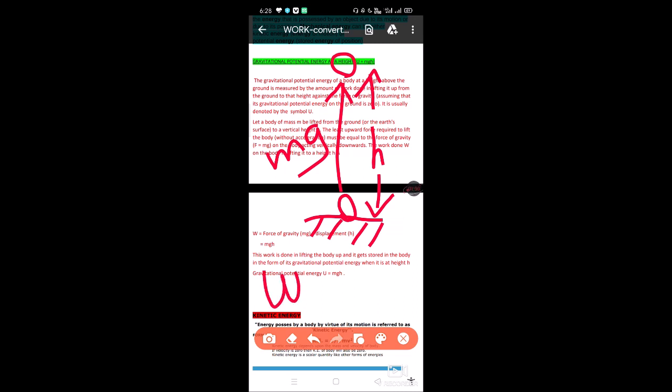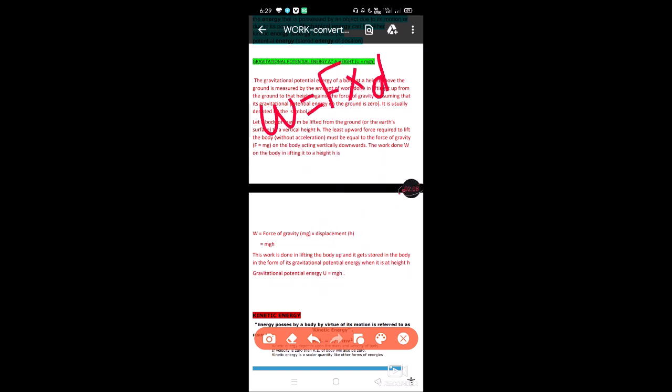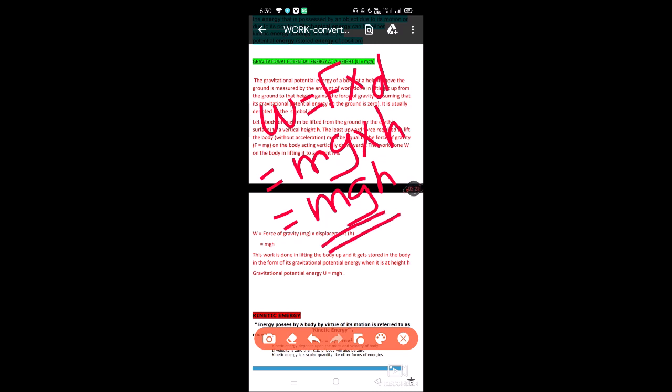What is work done? Work done is force into displacement, or distance. In this case, work done is equal to force, where force is the weight of the object, that is mg, and the distance is height h. So now you get the expression for work done, that is mgh. This work done is stored in the object as potential energy.